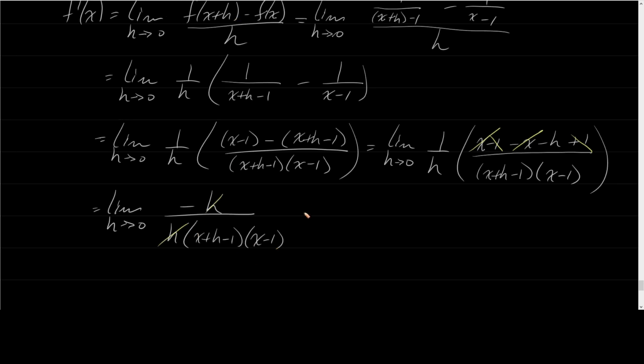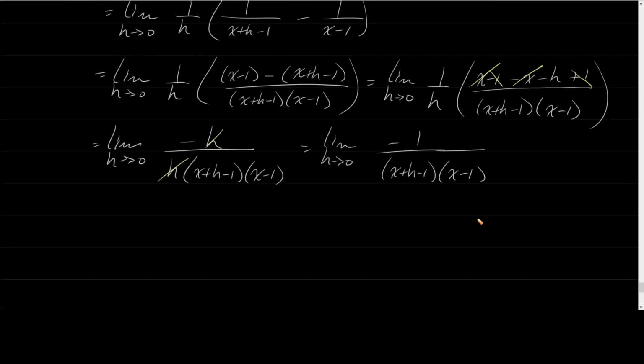So let me just rewrite what this limit is. We have the limit as h goes to 0 of negative 1 over x plus h minus 1 times x minus 1. Since h is going to 0, this piece, just the h, goes to 0.